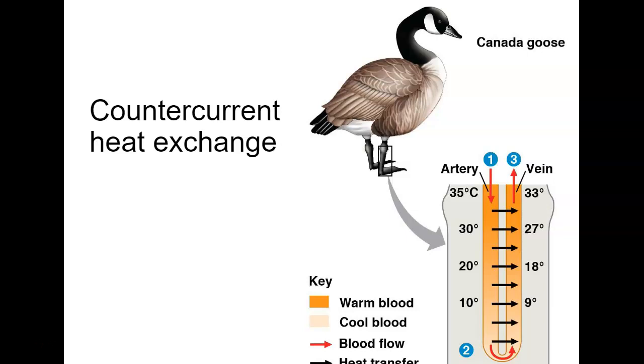So in essence, it kind of creates a heat differential between the core, which is really warm, and the heat gets to switch over to the vein and go back to the core before it really has a chance to cool down all the way. And then you end up with the foot of the duck being pretty cold, but yet blood is still circulating. So it doesn't hurt the bird to have this process. It just means that their feet happen to be colder than their core.